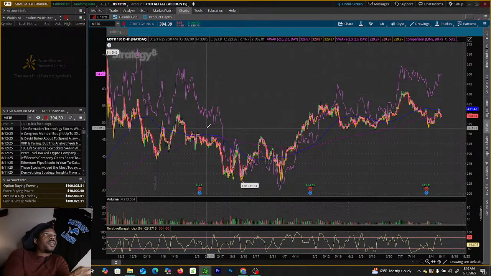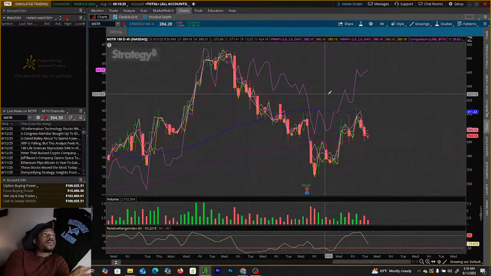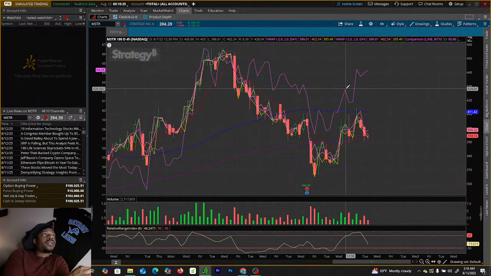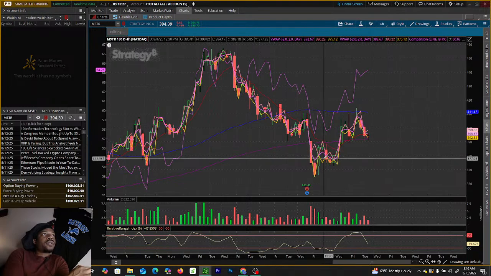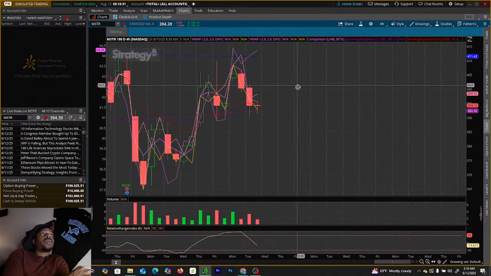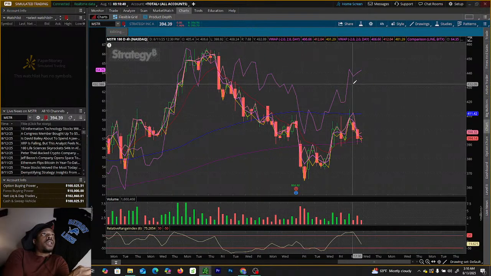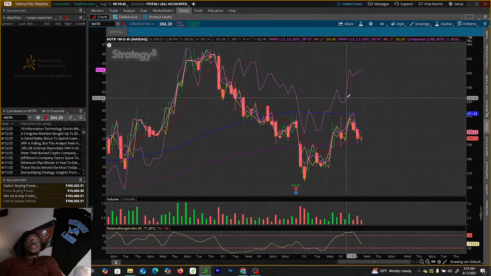Yep, this is pretty correlated. I use the Bitcoin ETF, and that's the pink line we're looking at here. Oh crap, what happened? Gotta reset the chart. Alright, so usually when the price of Bitcoin goes up, MSTR goes up.